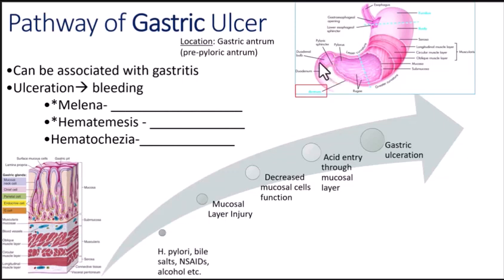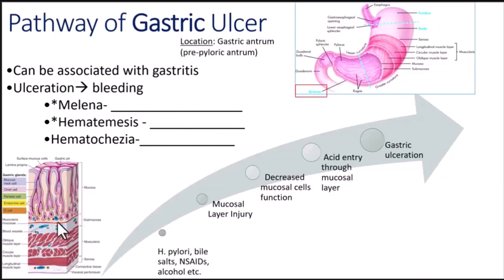So when somebody develops gastritis, we know that that is likely caused by H. pylori, but here are some other causes as well. And then over time, that mucosal layer becomes damaged. And that mucosal layer is here, which contains, just because it says mucosal layer doesn't mean it's just referring to mucus.